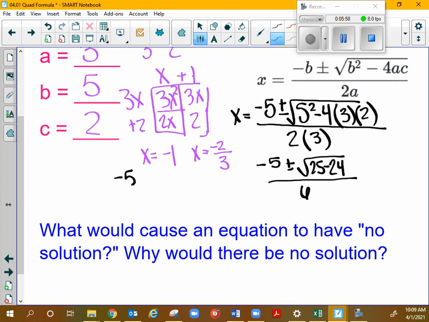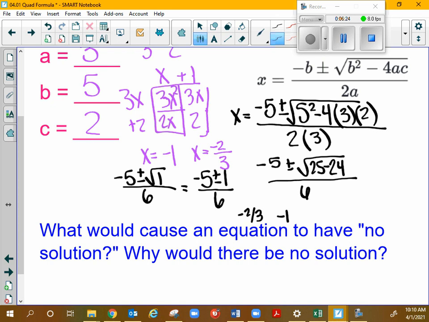So negative 5 plus or minus the root of 1, over 6. What's the square root of 1? 1. Negative 5 plus or minus 1 over 6. Negative 5 plus 1, divided by 6, negative 2/3. Negative 5 minus 1, negative 6 divided by 6, negative 1.